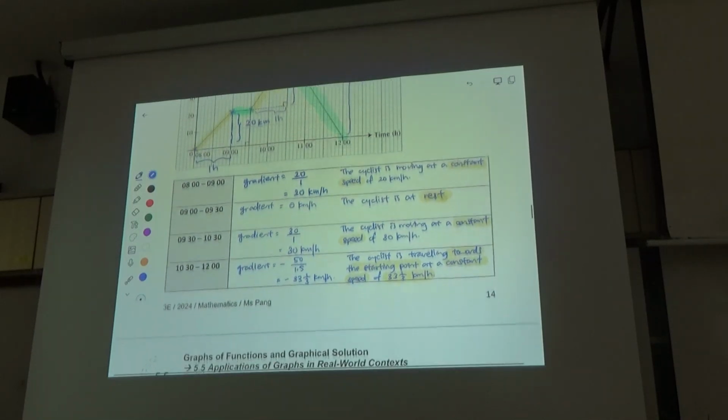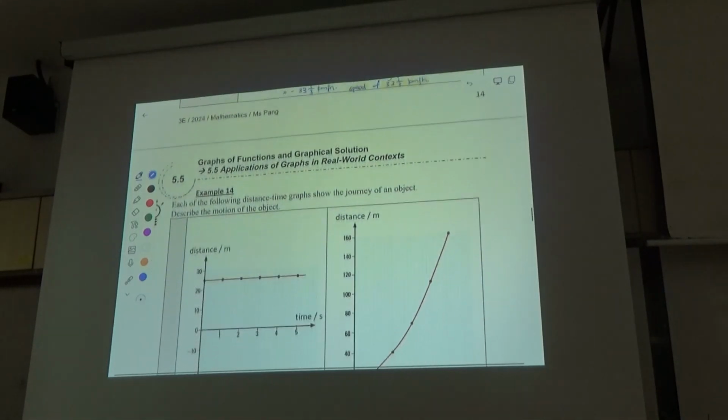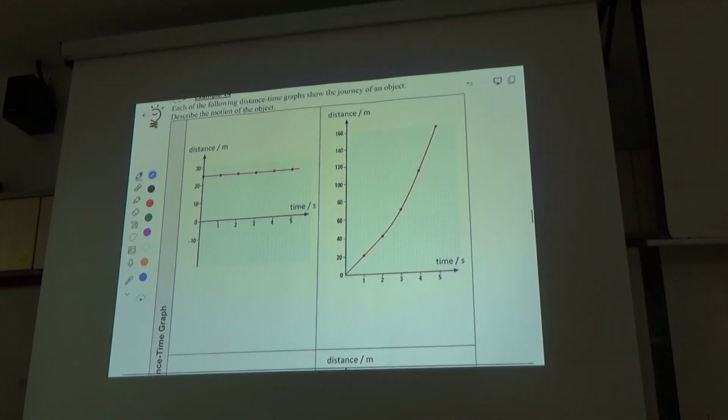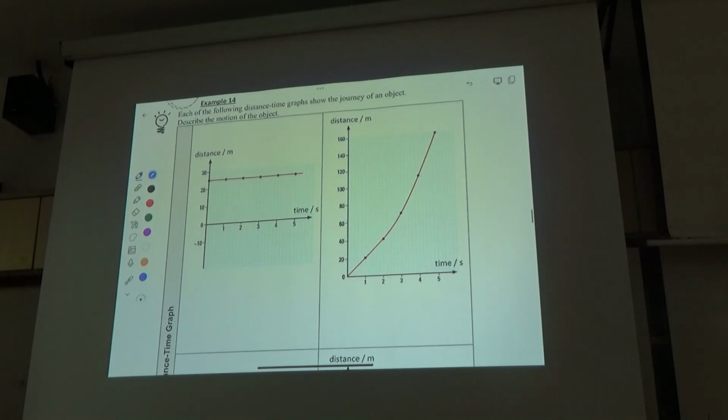Moving on to the interpretation of all the different kinds of your distance time graph. I have already covered that in a distance time graph, if it is a horizontal line, every single time period that we have here, your distance remains the same.